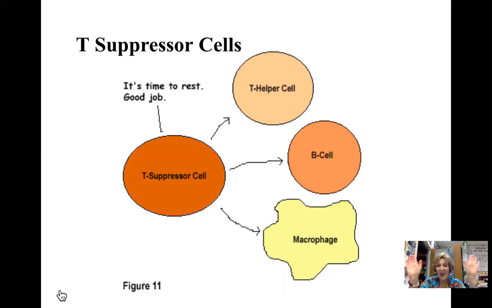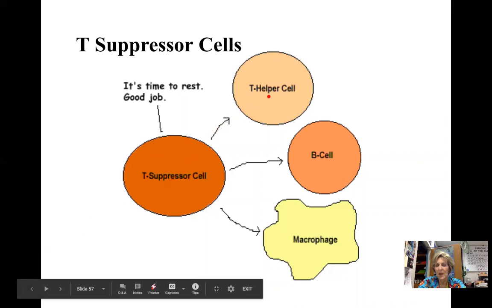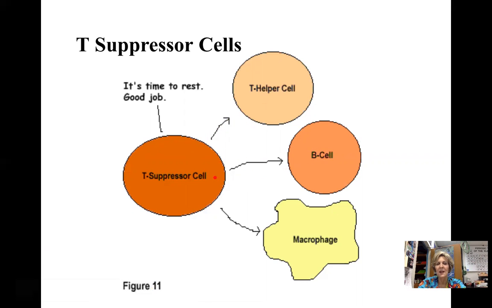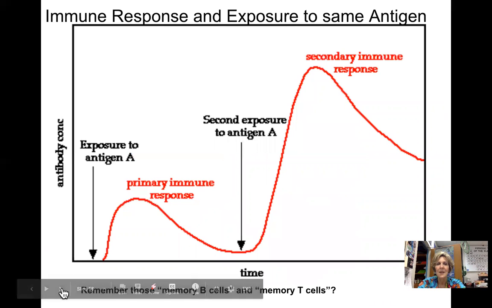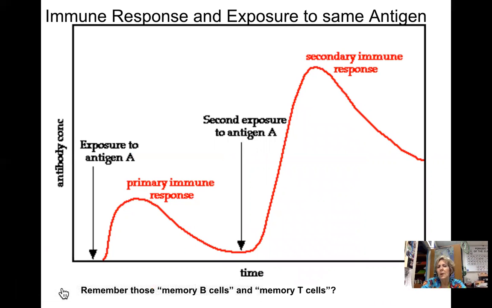They say, okay, guys, the infection is over now. We need to slow down and stop going around killing everybody just in case you kill something that you shouldn't. So they would suppress the helper T cells, suppress the B cells from making antibodies, and they would also suppress the macrophages.